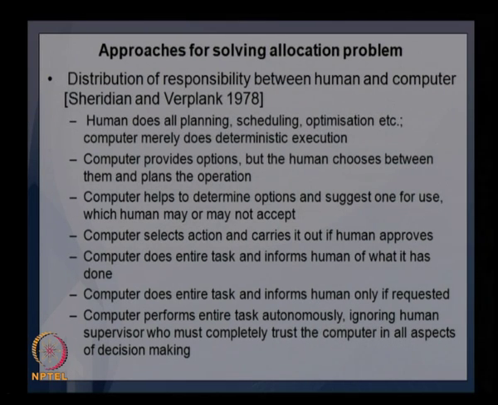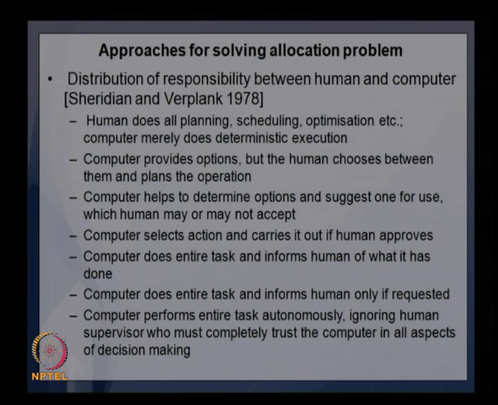That is, if the operator accepts the option and the action to be taken, then the computer itself will carry out the action. So, here it is much more autonomy for the computer. It actually identifies the task to be done and the options, chooses the option and carries out the task.